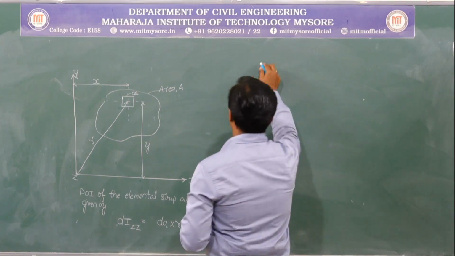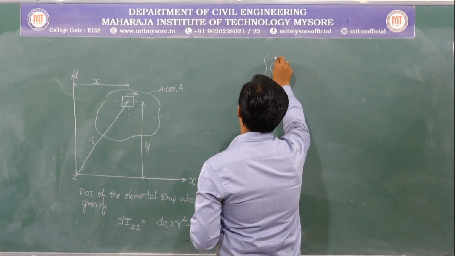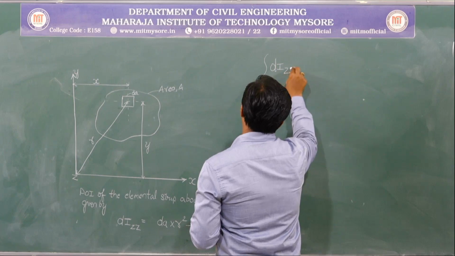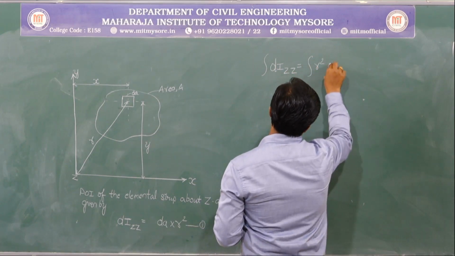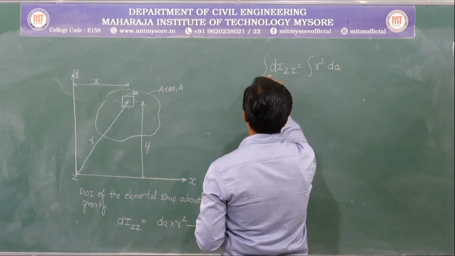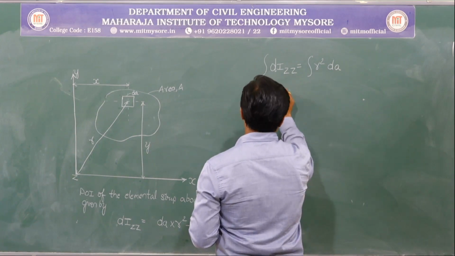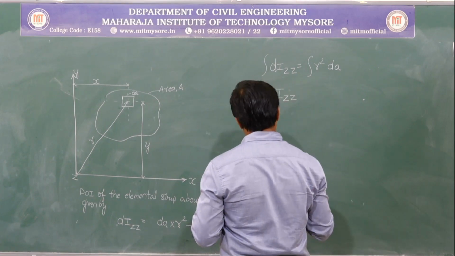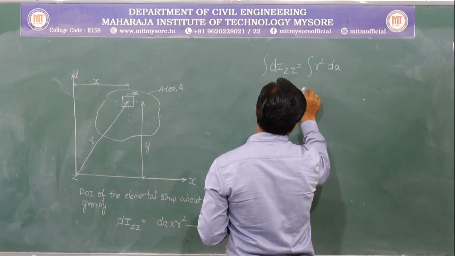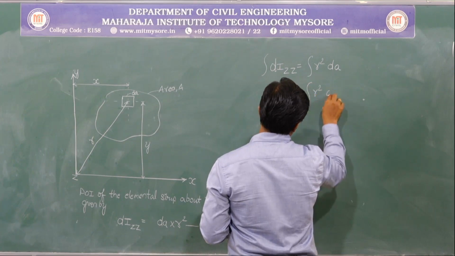So check it out now. The integral of dIzz is equal to the integral of r squared into dA. So what is the integral of dIzz? It is Izz, the moment of inertia about the zz axis, that is the polar moment of inertia, equal to the integral of r squared dA.